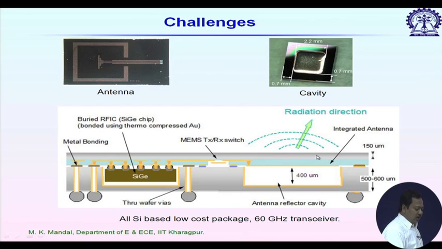Now the second picture is showing a silicon based low cost 60 gigahertz transceiver. This antenna is now integrated in the single chip, where we have other components like low noise amplifier and switching and everything, all millimeter wave components. When we integrate the antenna inside the same chip, we have to take care of many factors.